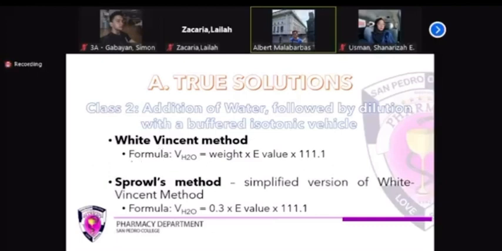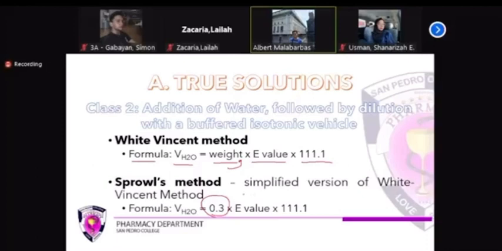The formula for White-Vincent method, the volume of water can be obtained by multiplying the weight in grams of your solute times the E-value times 111.1. Weight in grams times the E-value times 111.1. For White-Vincent. For Sproul's method, it's a simplified version. The difference is that the value for the weight is around 0.3.